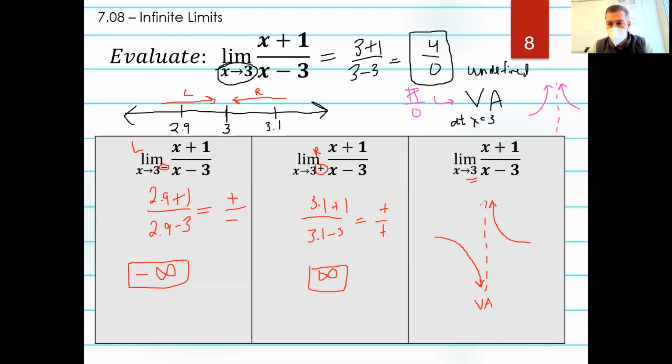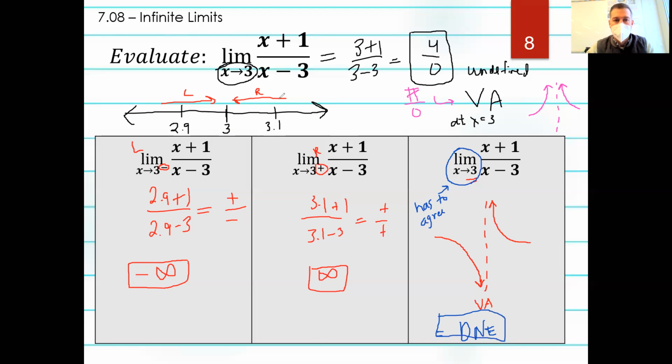So this is a picture of what's happening at our vertical asymptote. A two-sided limit has to agree: the left and the right have to be equal. If the left and right aren't equal, which clearly they are not, our limit does not exist. So our answer here is DNE, the limit does not exist.